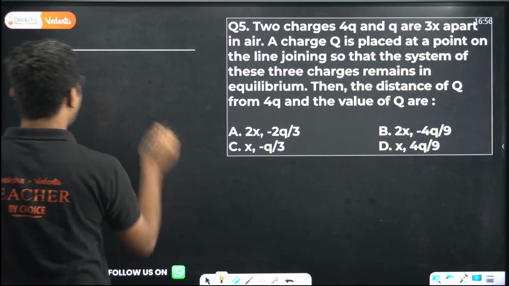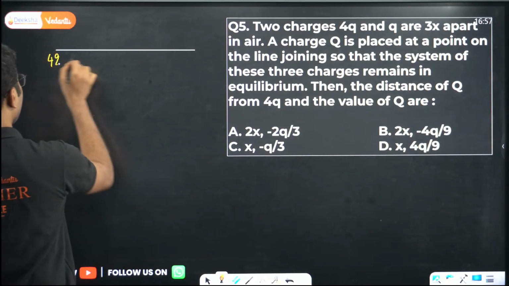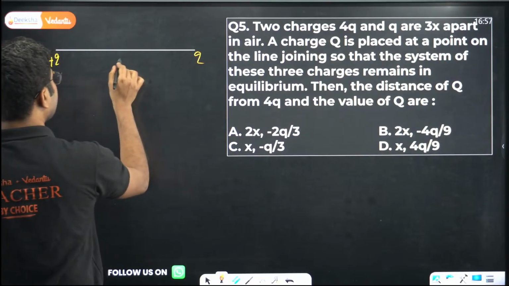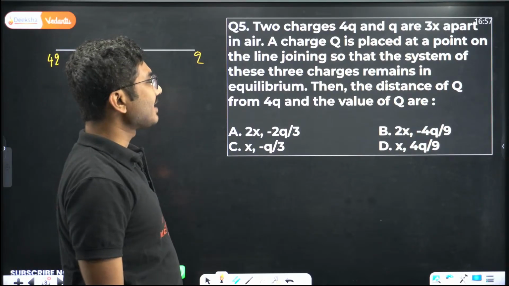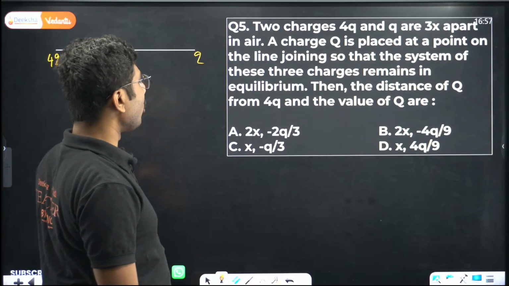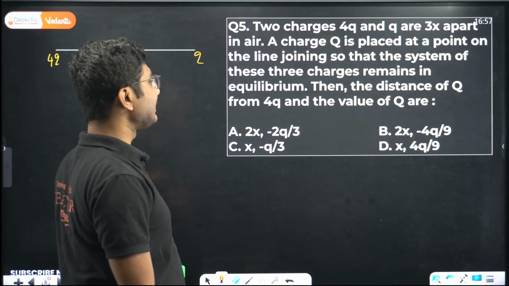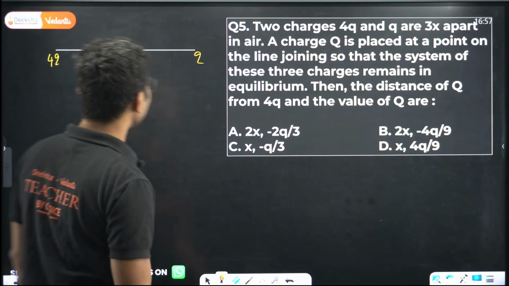Okay, we have 4q and q, the distance between them is 3x. A charge capital Q placed at a point on the line joining so that the system of these three charges remains in equilibrium.